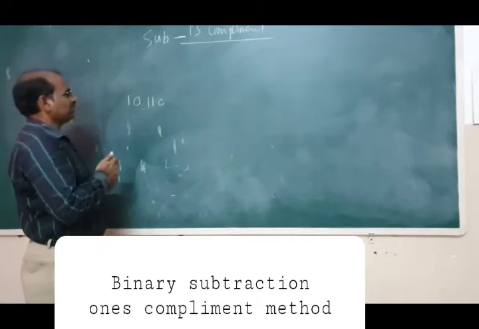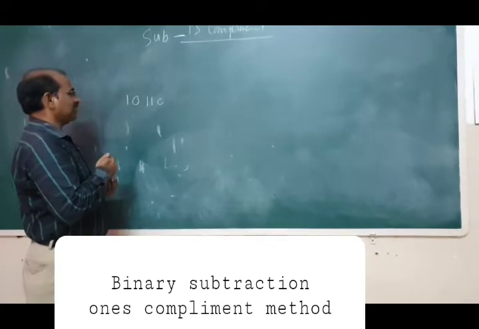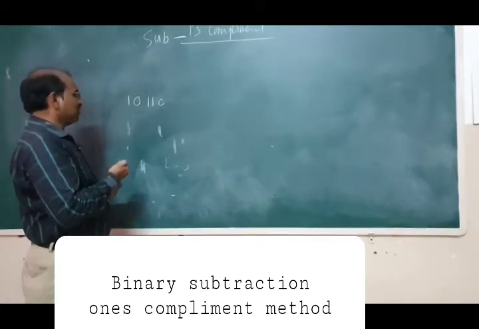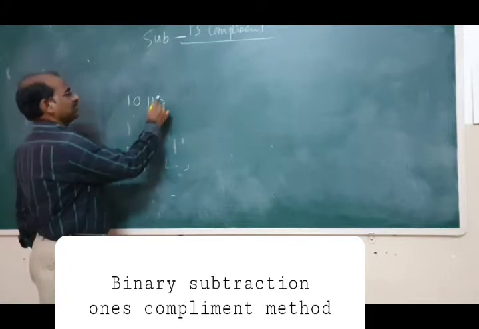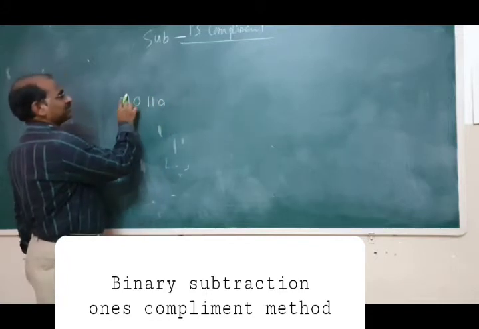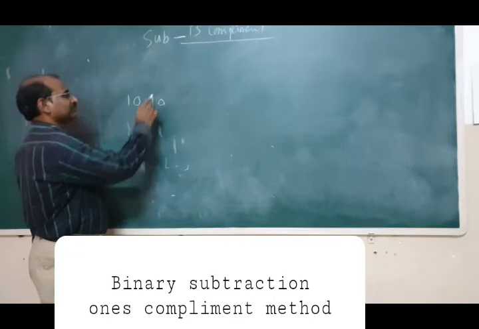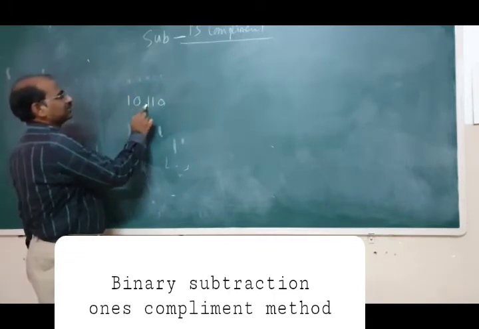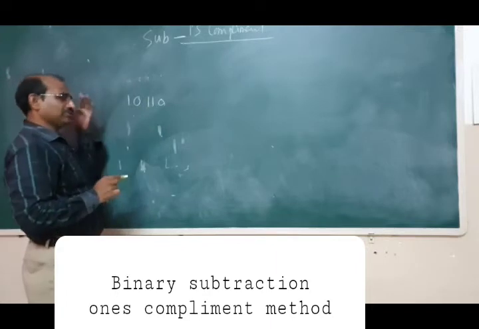What is the value of this one? The place values are 1, 2, 4, 8, 16. So 16 plus 4 is 20, plus 2, sorry, 22.